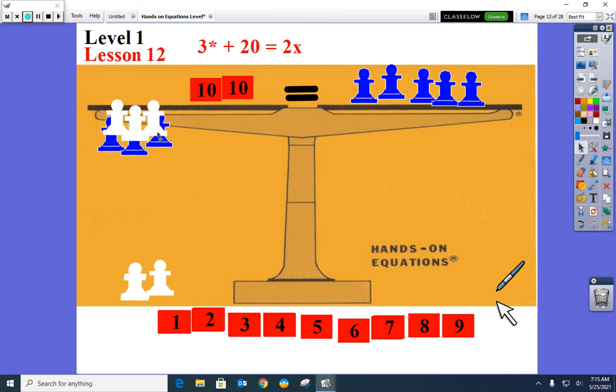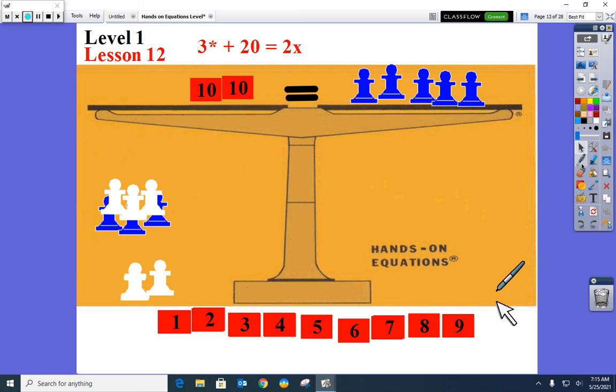I can remove all 3 of them, and that leaves me with 20 equals 1, 2, 3, 4, 5 x. And if 20 equals 5x, then x will equal 4, because 20 divided by 5 is 4. And if x is 4, that means star is negative 4.